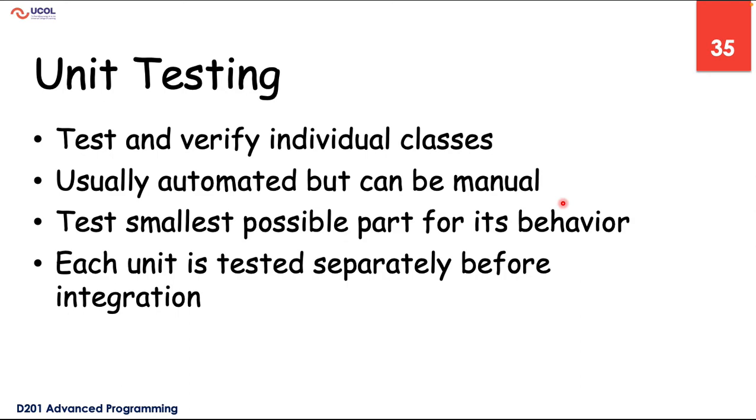For example, we are dividing two numbers and we know that the second number by which we are dividing cannot be zero. So we can test this before we go into actual production. The reason is that if we give zero as the second number, that will be a runtime error. Again, a unit test tests the smallest possible parts of behavior. I gave you the example of summing two numbers and returning the value.